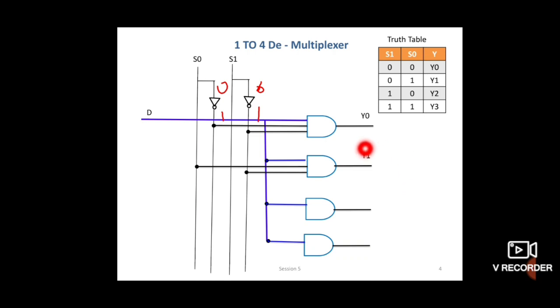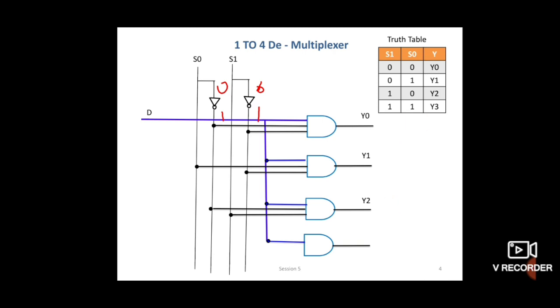Now in the third case, when S1 is equal to 1 and S0 is equal to 0. S0 equal to 0 means connect this line, and S1 equal to 1 means connect this line. So the third AND gate, or Y2, can be selected, sorry, because we start with Y0, then Y1, then Y2.